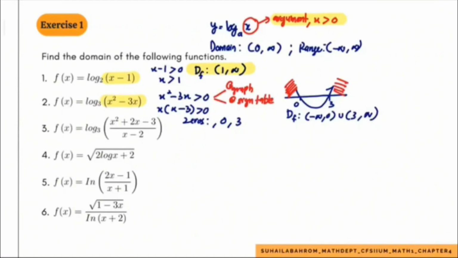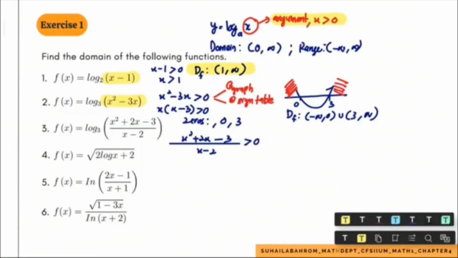Okay, now let's look at question number 3. Log with base 3 of this argument. We just take out that argument, which is x squared plus 2x minus 3 divided by x minus 2. It must always be greater than 0. Again, we solve this inequality like how we solved rational inequalities in chapter 1.